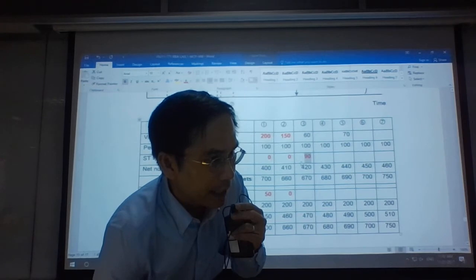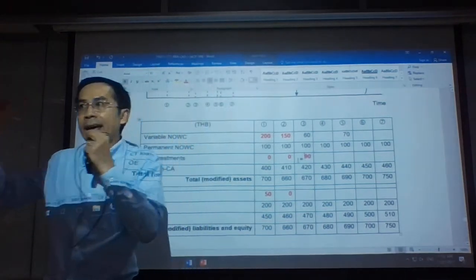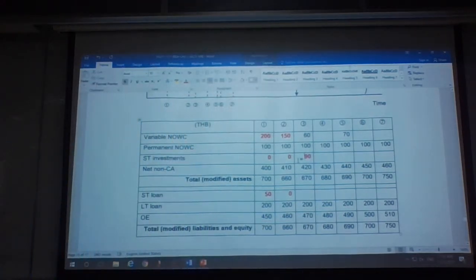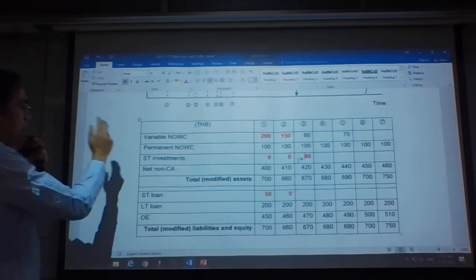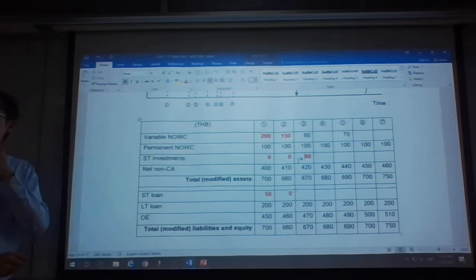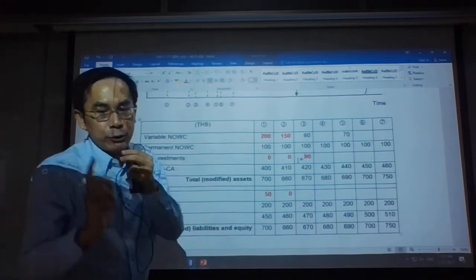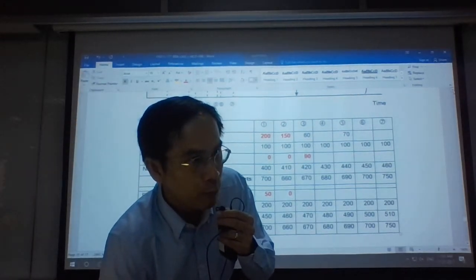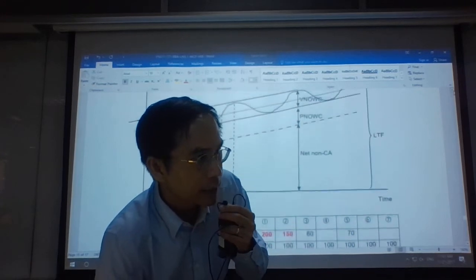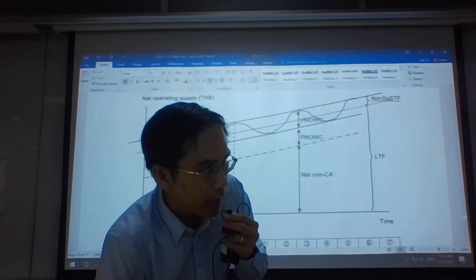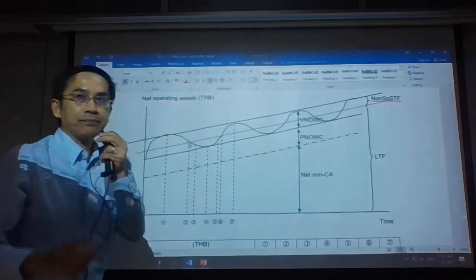But conceptually, I would like you to understand why we have a positive number at point 3 for marketable securities. I'm going to go slowly by moving you along the time and along the curve here.